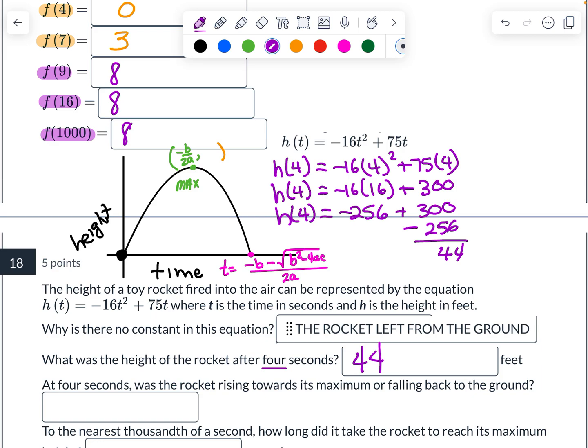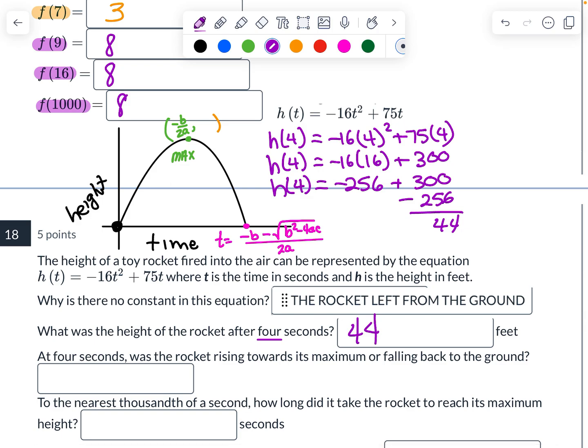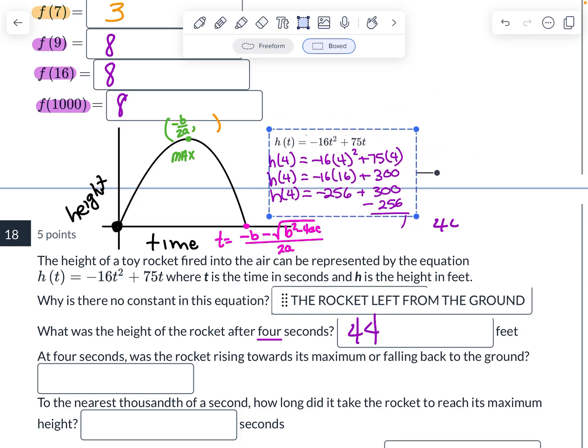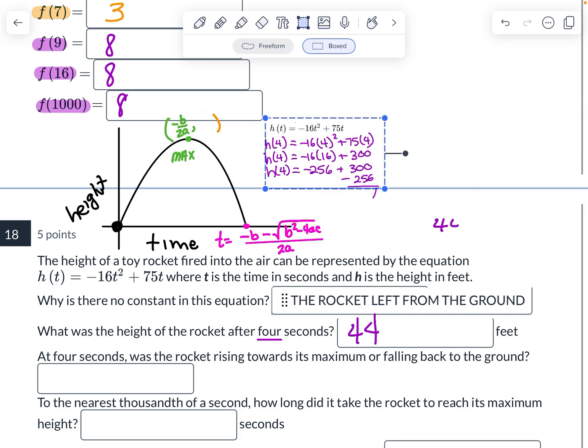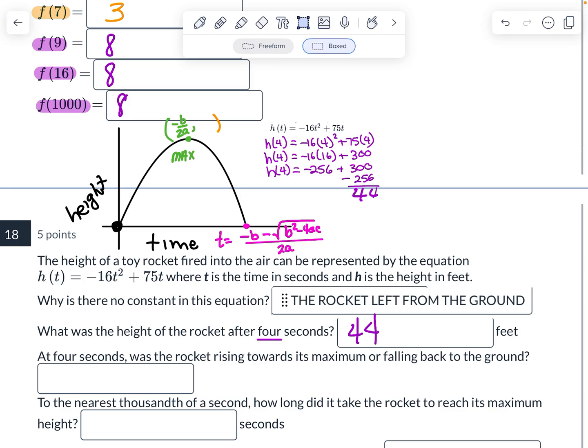At 4 seconds, we don't know the answer to that yet. To the nearest hundredth of a second, how long did it take the rocket to reach its maximum? So to reach its maximum, I'm doing that in green.